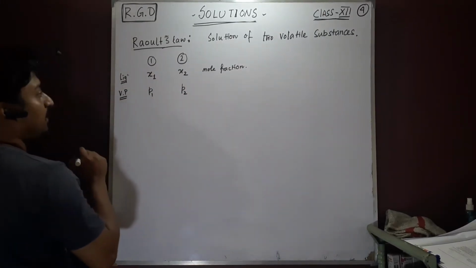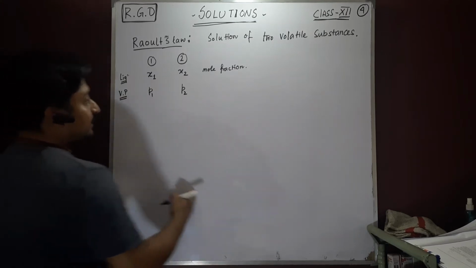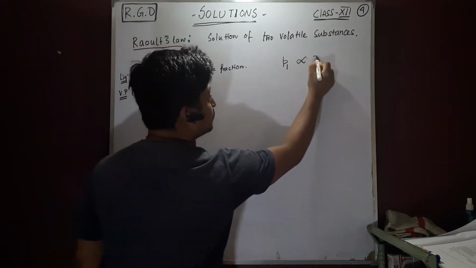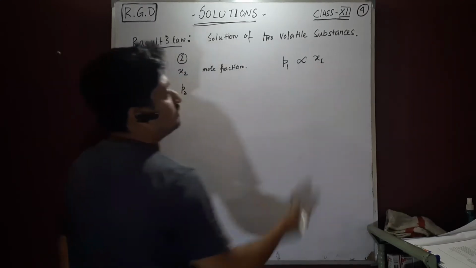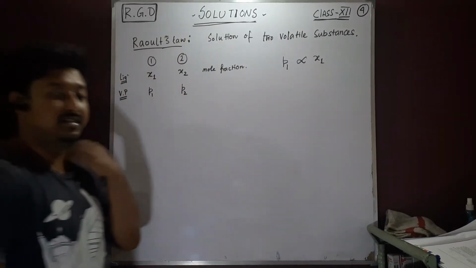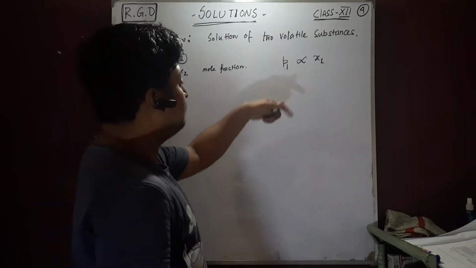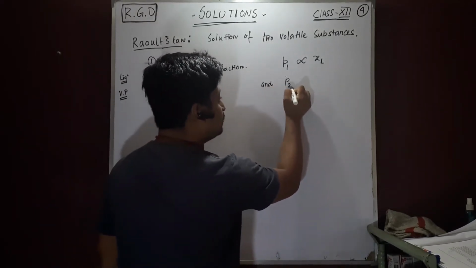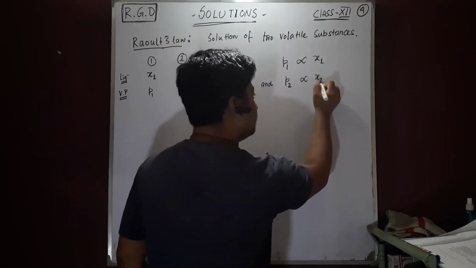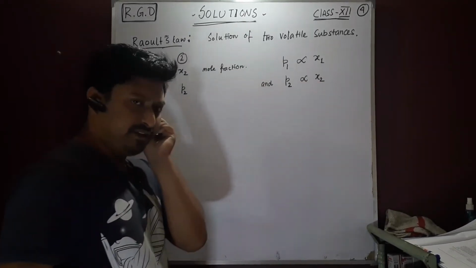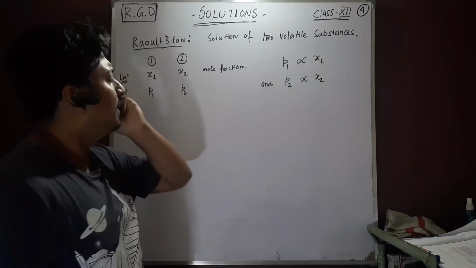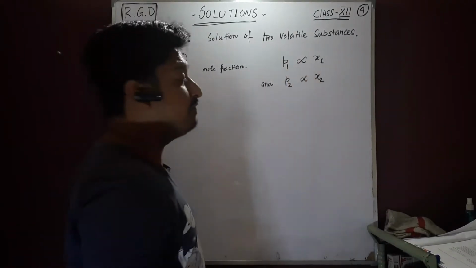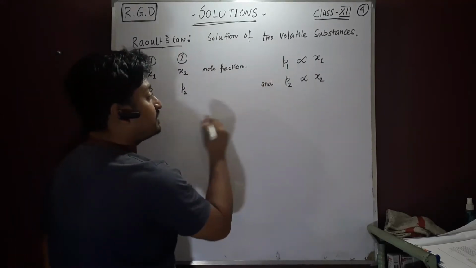Now what he said is that P1 will be proportional to x1, and P2 will be proportional to x2. Now what I have to do is remove this proportionality and put a constant here.